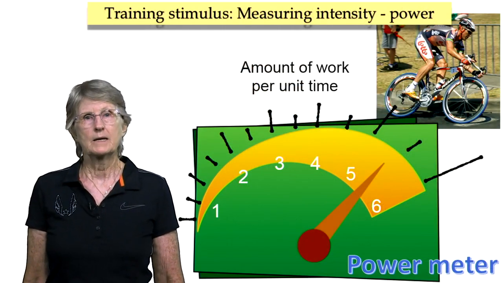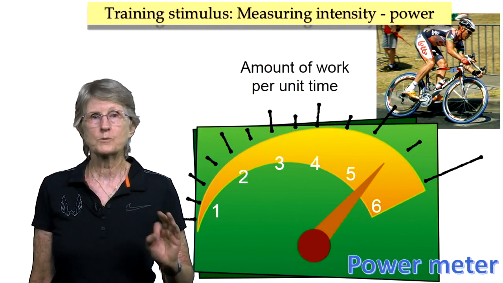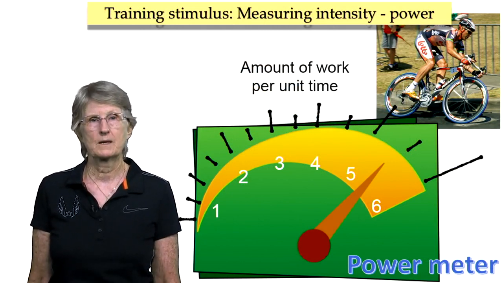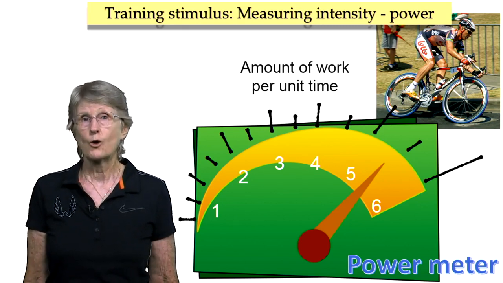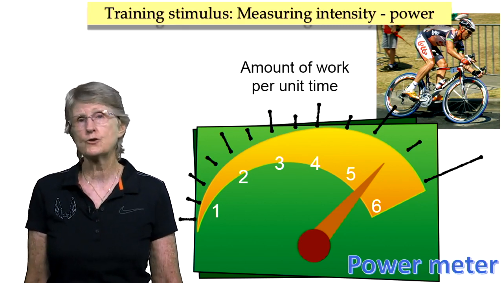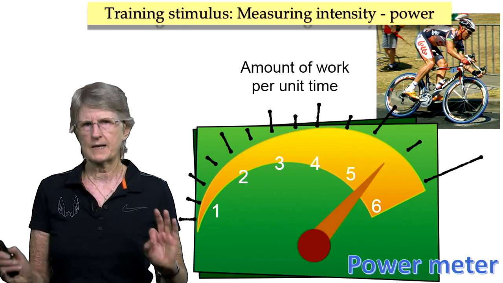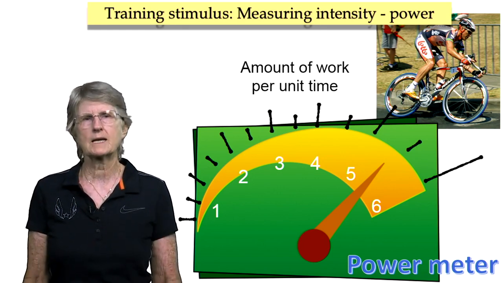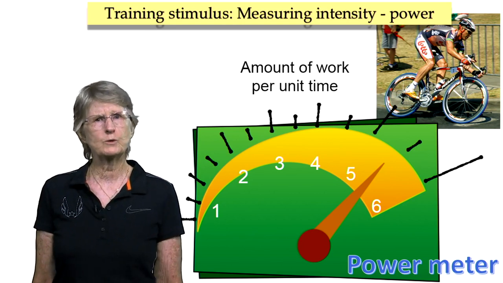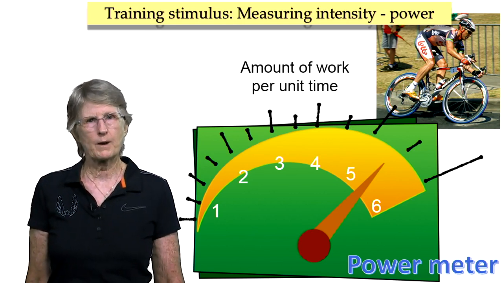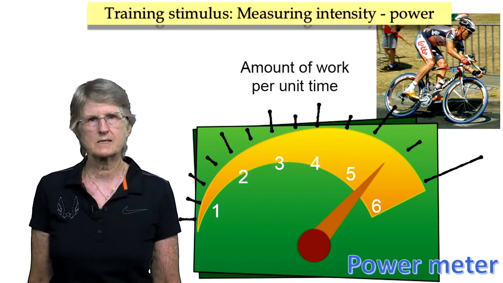Now, power is the amount of work performed per unit time. Expressing exercise intensity in terms of watts or power is relatively new, but for some sports it has become an important indicator of intensity. Cycling and rowing are two endurance sports in which power is used to assess intensity.